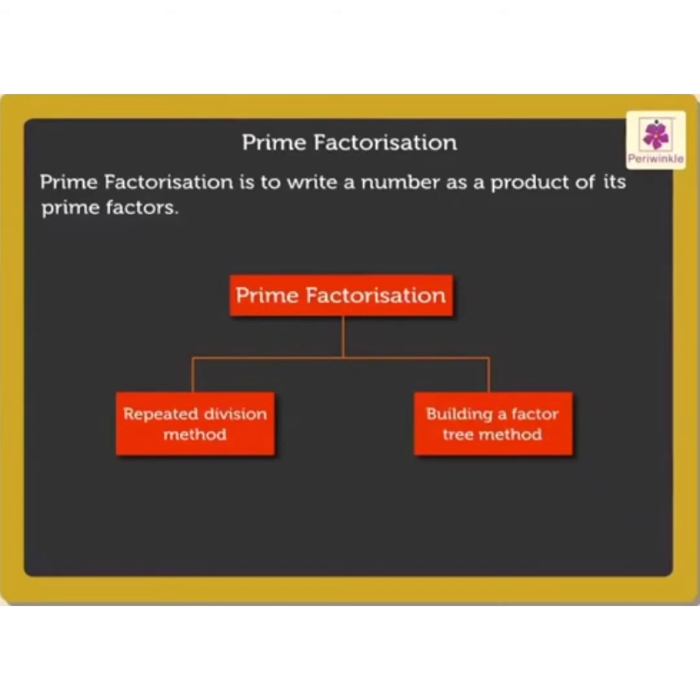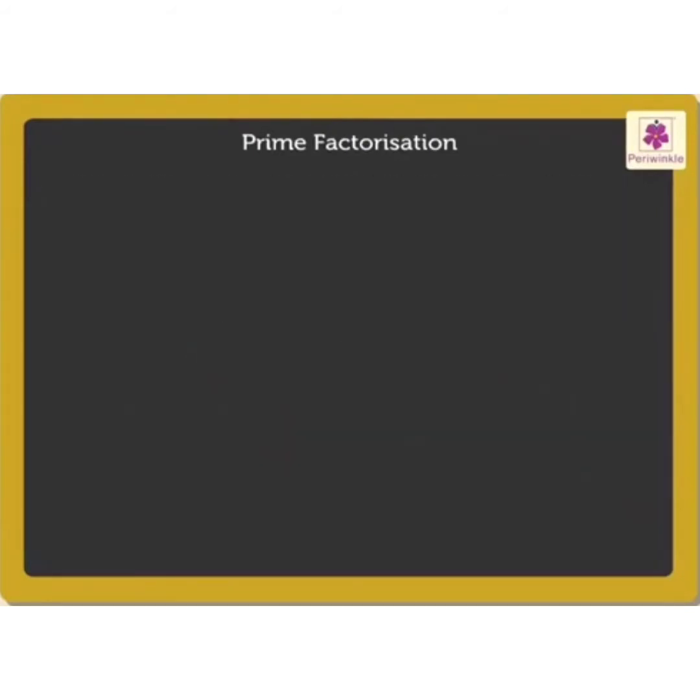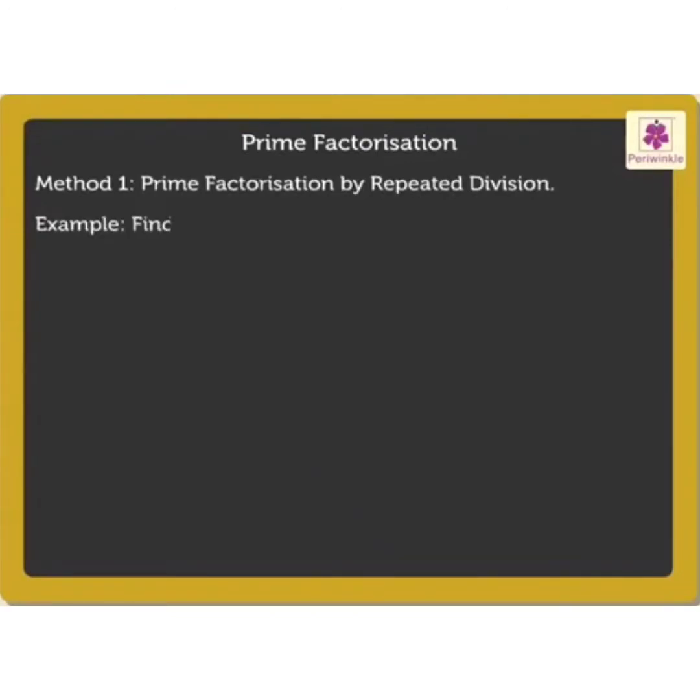Prime factorization by repeated division. Find the prime factorization of 180. To express 180 as a product of its prime factors, start with the smallest prime number. Let's divide 180.